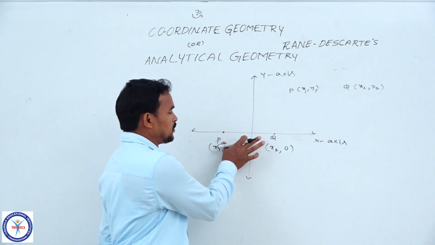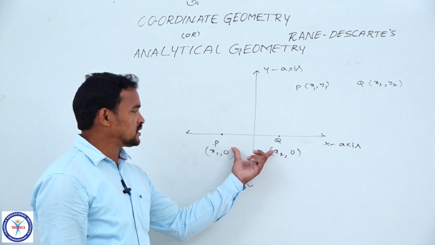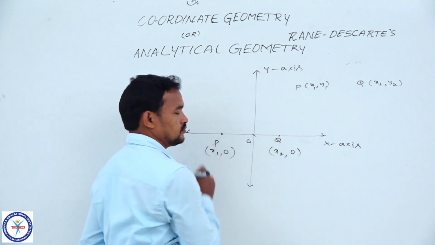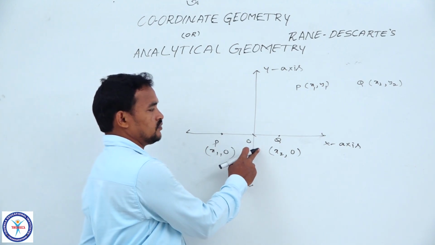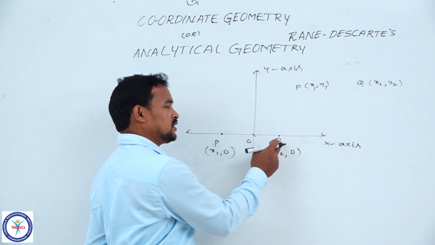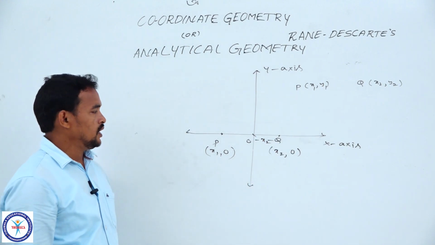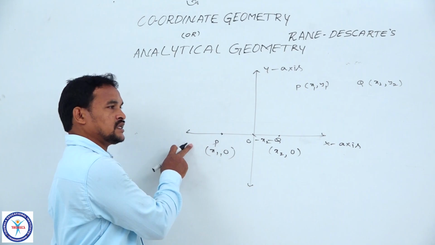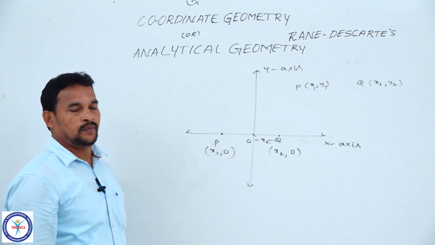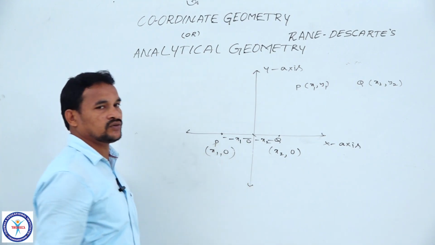Now how to find the distance between P and Q? When the points P and Q both lie on the x axis, how to find the distance between P and Q? Here the origin is O. The point Q is on the x axis on the positive side, so the distance from the origin to that point is x2 units. The point P is on the x axis on the negative side, so the distance from the origin to point P is minus x1 units, because it is on the negative side.